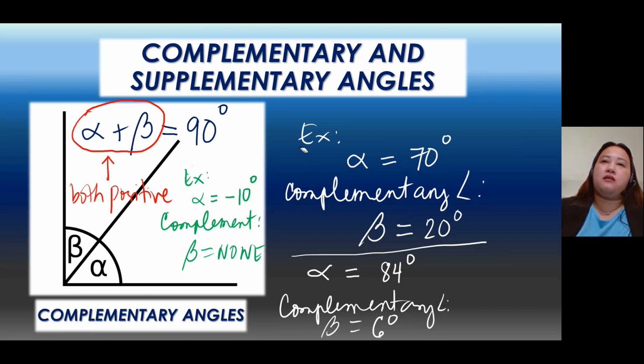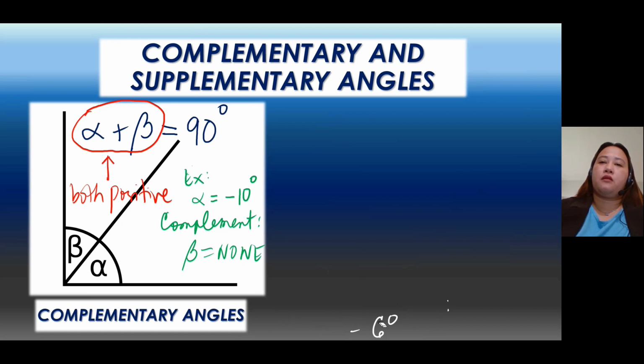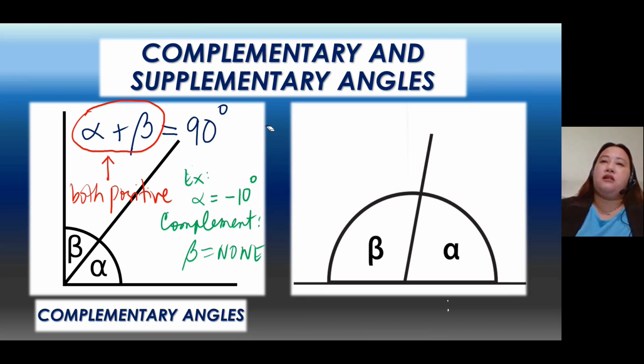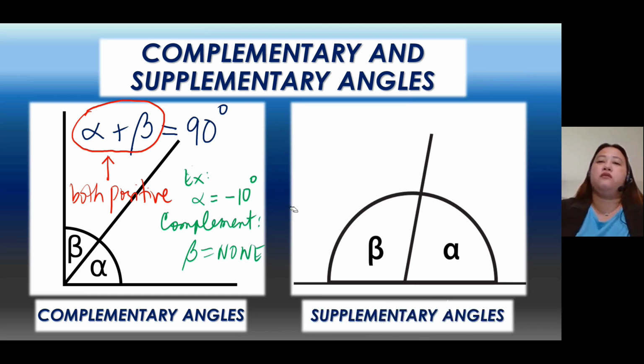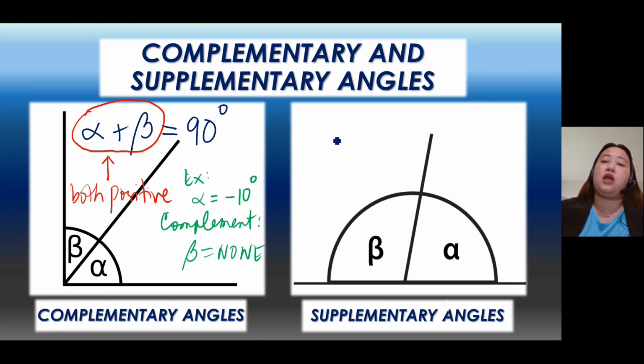I'll erase the writings on the right side so that we can see the supplementary. The supplementary angles are somehow the same as the complement. The only difference is that the sum should not be 90. Rather, the sum should be 180.